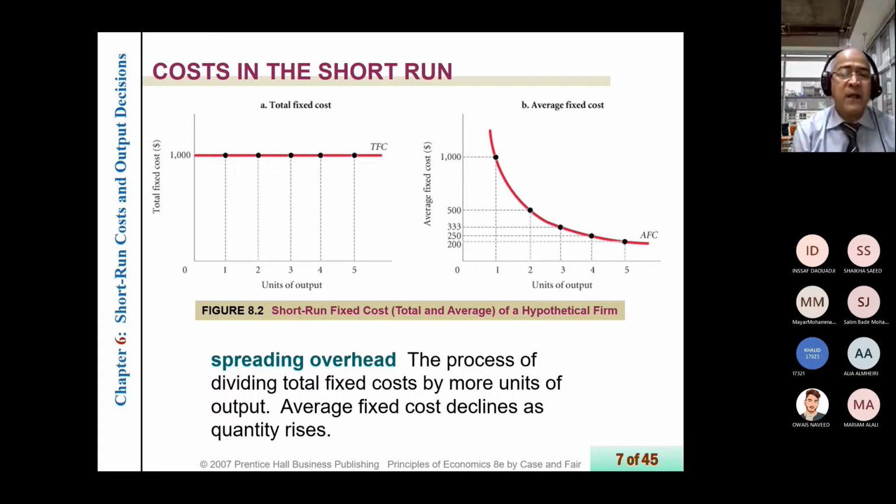Ittisalat incurs heavy millions of dirhams as fixed cost for using complicated technology, so they have to produce millions of calling units. For this reason, the fixed cost per unit will be a small amount.